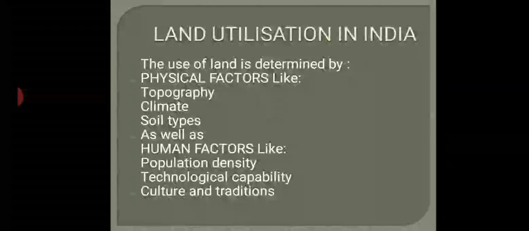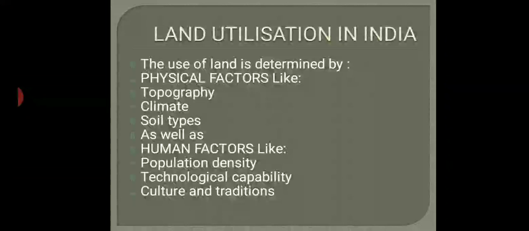Related to that, we also discussed how the land can be utilized in various manners. Today we are going to focus on utilization of land in India, that is, the different ways in which we can use our land.